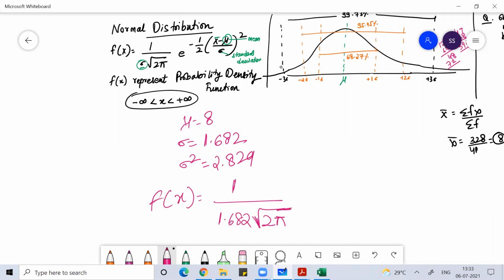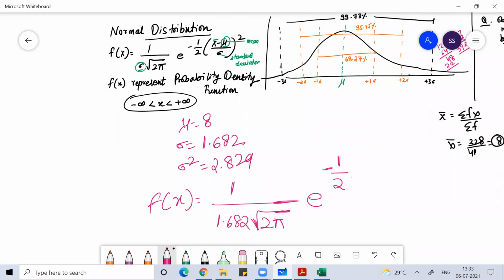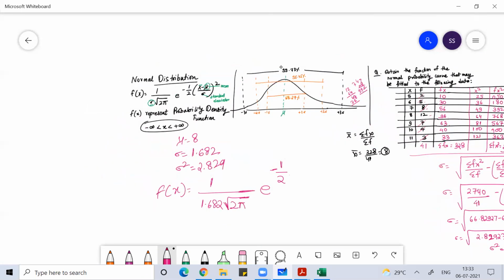under root 2 pi, e to the power minus 1 by 2 (x minus mu), where mu is the mean, x minus mean, divided by 2 sigma square. Sigma square is 2.829.